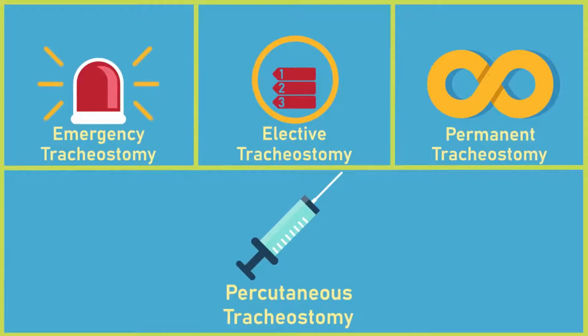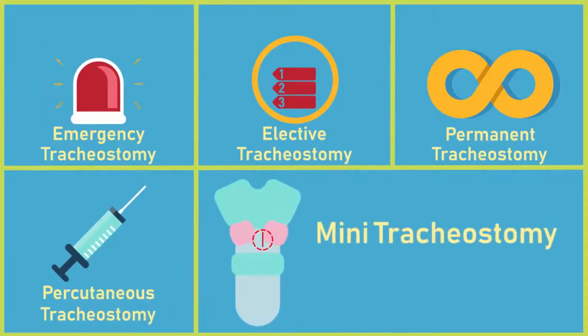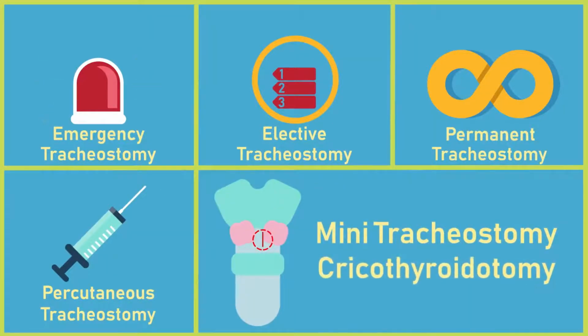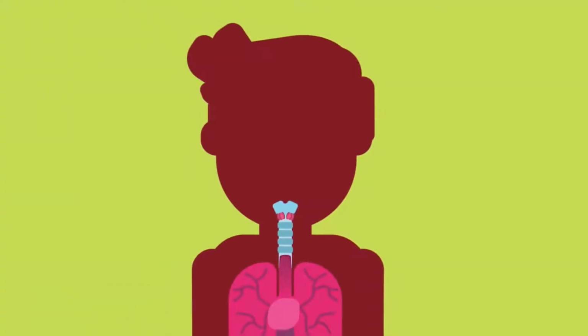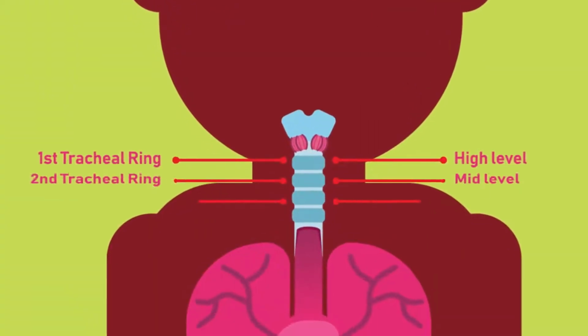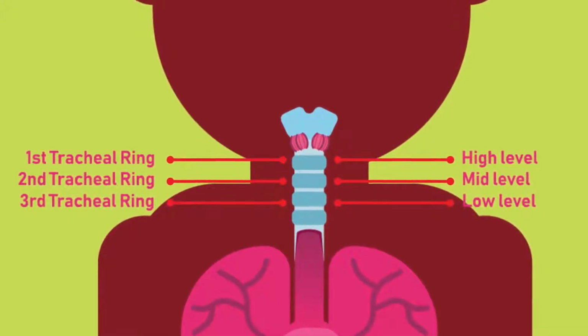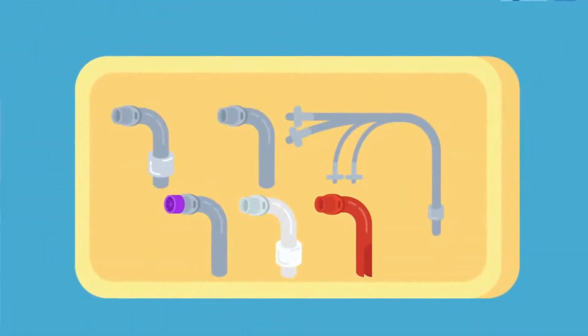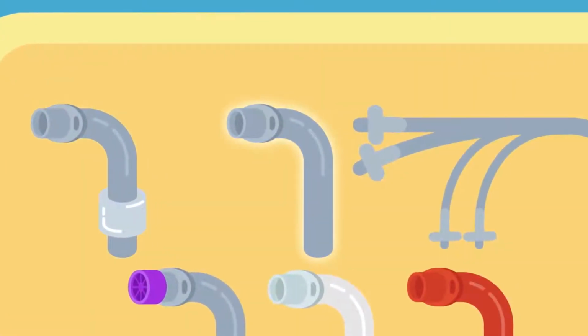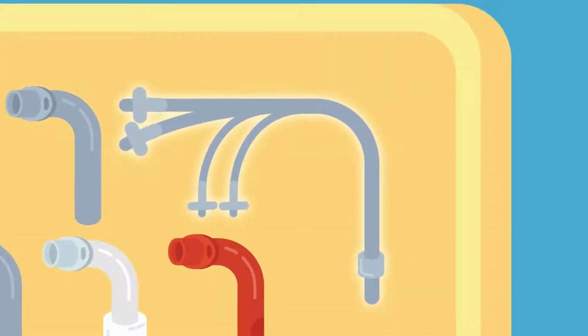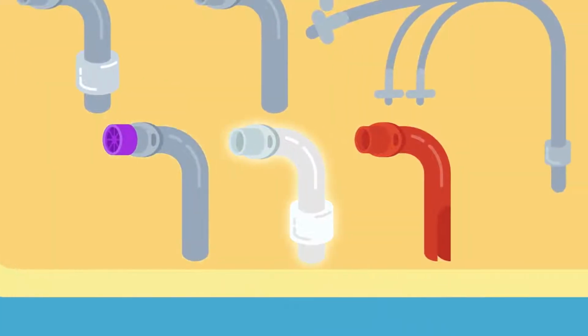Percutaneous tracheostomy, 5. Mini tracheostomy, also known as cricothyroidotomy. Tracheostomy can also be classified as high, mid, or low, depending on the level at which it is inserted into the trachea.